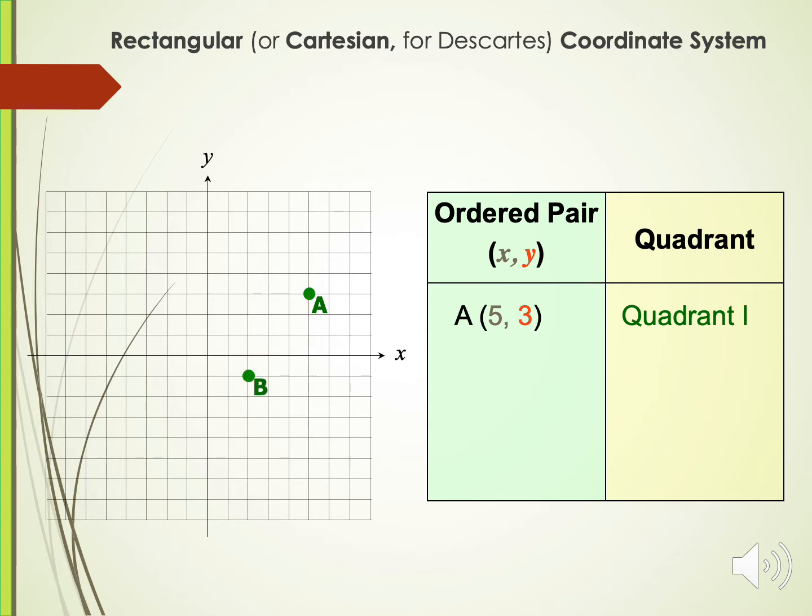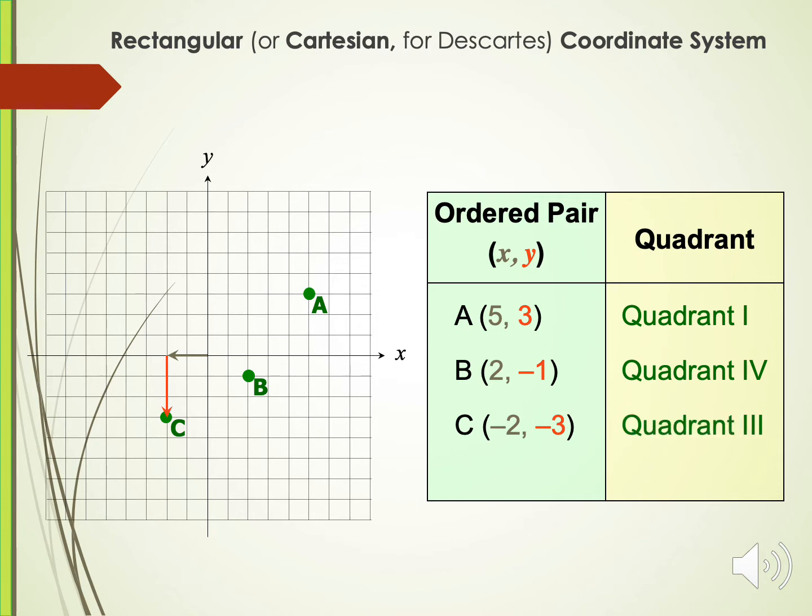Then we have another point B. Okay, it has the coordinates 2, -1, so it is therefore in the quadrant 4. And if we have the point C, having the coordinates -2, -3, so it is in the quadrant 3. And if we have the point D with coordinates -4 and 2, so that is in quadrant number 2.